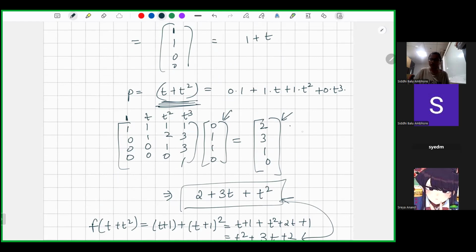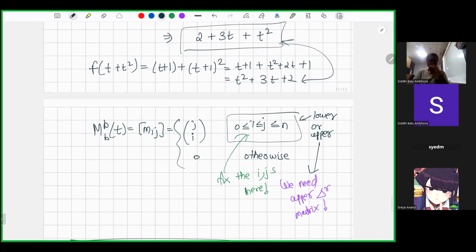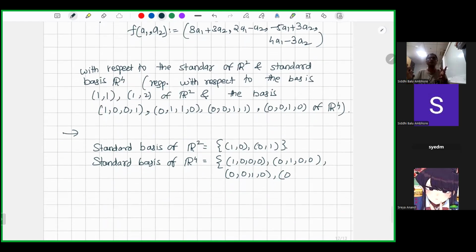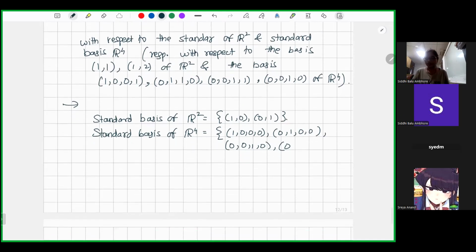And here also the corresponding coefficients are in terms of 1, t, t square, and t cube. You have to take care of everything in this order only. If you change the order of bases, the matrix would change, because this is a very order-heavy calculation when we look at the linear transformation matrix of a given linear transformation.